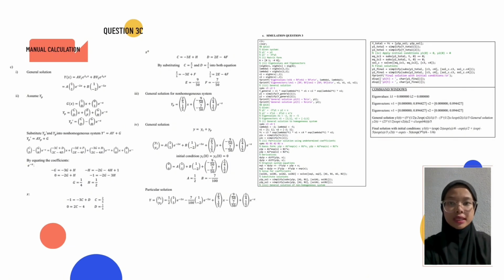For question 3c, we were asked to classify a first-order differential equation and check whether it is exact. Manually, we check the exactness by computing partial derivatives and integrate accordingly to find the general solution. We then substitute a specific point to find a constant value.